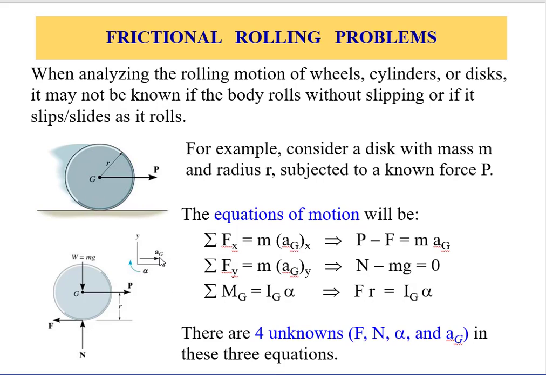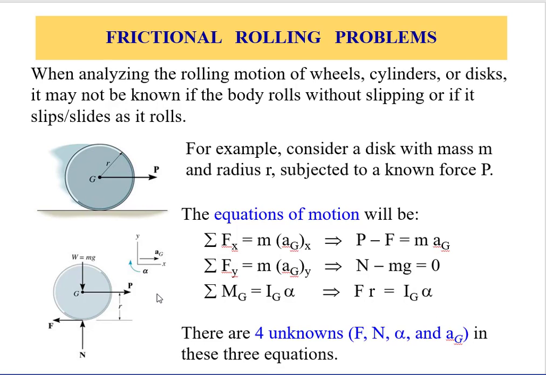Since this is a positive MaG, it says positive, equal to P positive minus F. Second, the summation of forces in y is N minus mg and equal to MaGy. aGy is 0, so the entire thing is 0. The last equation is the moment.